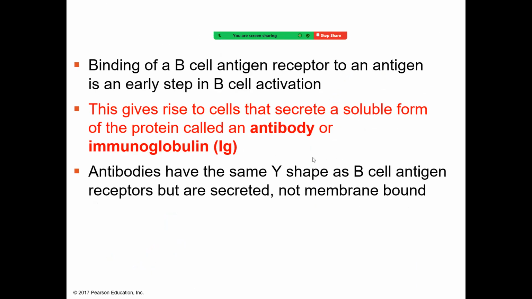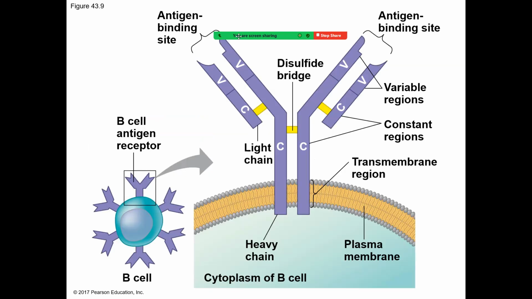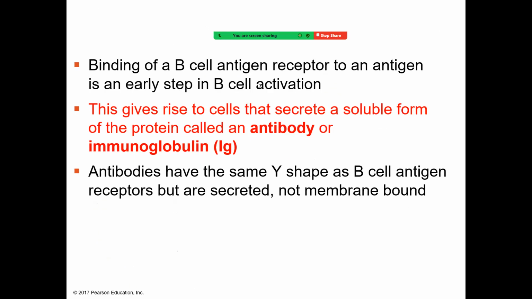Okay, so what's going to happen is that when my antigen binds, or that specific epitope of my antigen binds to this antigen receptor, then B cell activation is going to begin. So this is a complex process. There's a lot of steps in this, but we're just going to learn the big picture ideas for this.